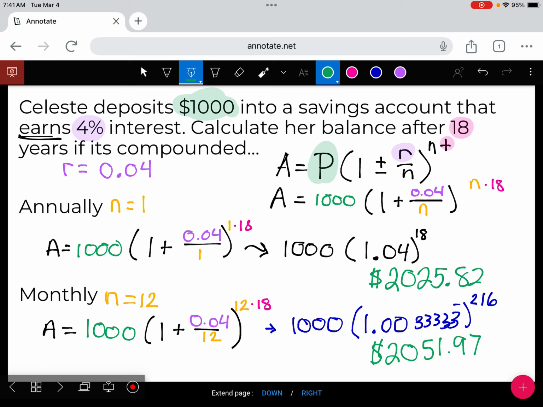What do we notice about her balance? About how much money she gets? She gets more. Even though we took our interest rate and cut it into teeny tiny little baby pieces, she still gets more money because they calculate interest on the interest. As she earns more interest, those little baby bits are growing too.